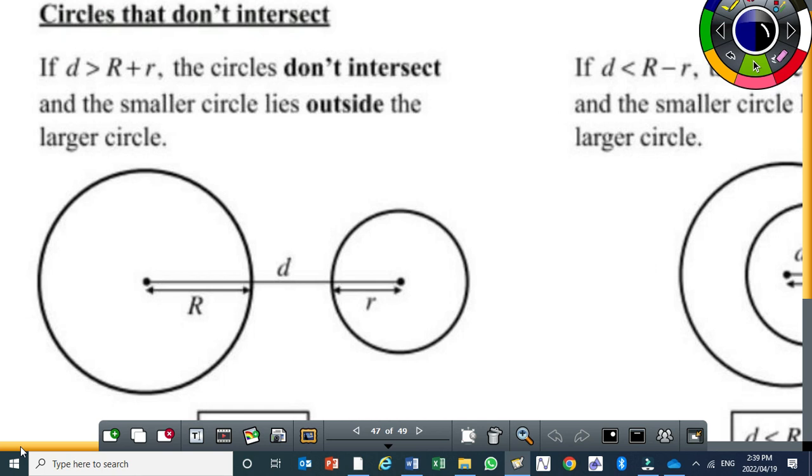Now that comes from common sense as well. So you have a scenario like this, where the distance between their two centers, D, will be greater than the sum of their two radii, and the diagram will look like this.